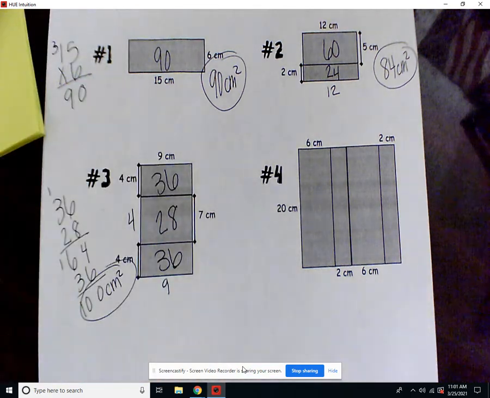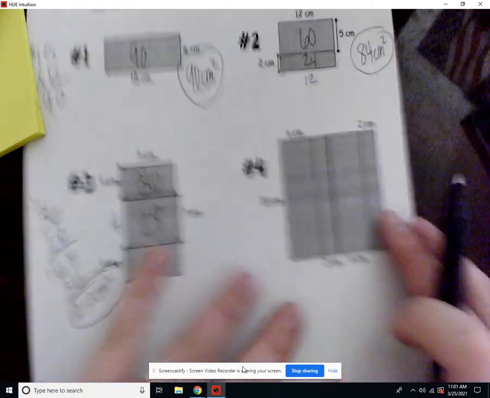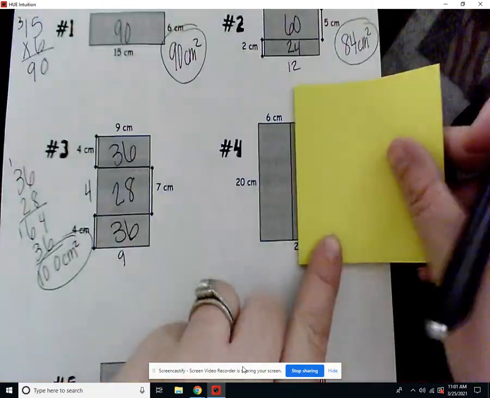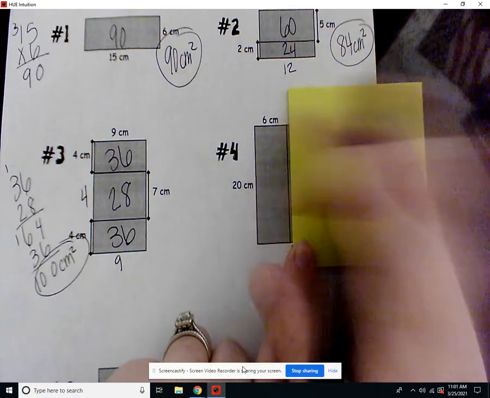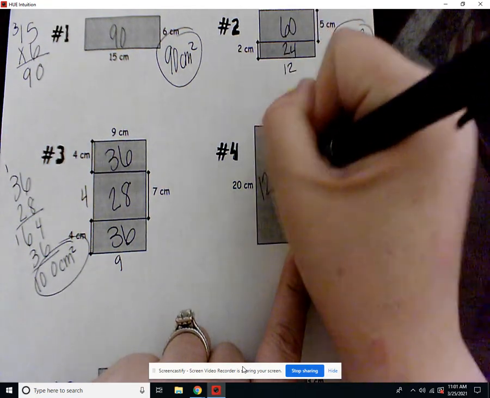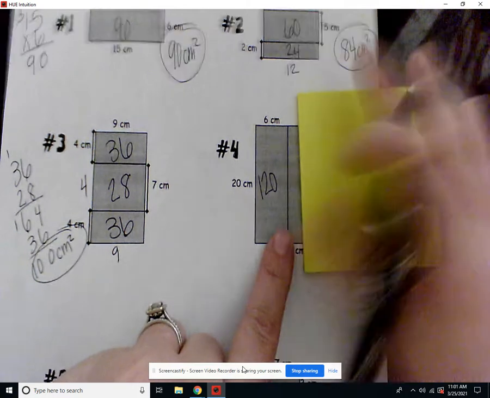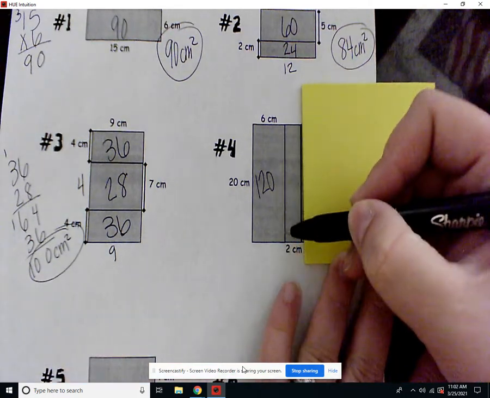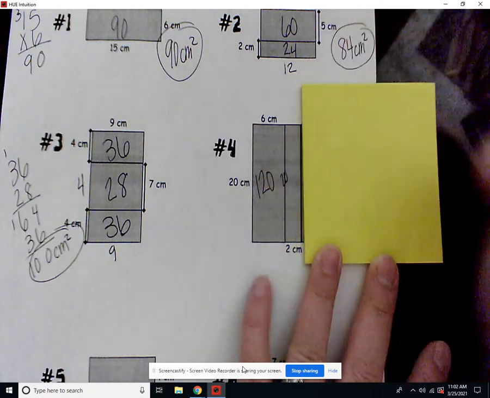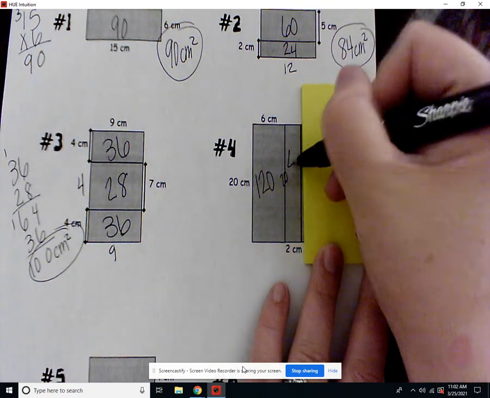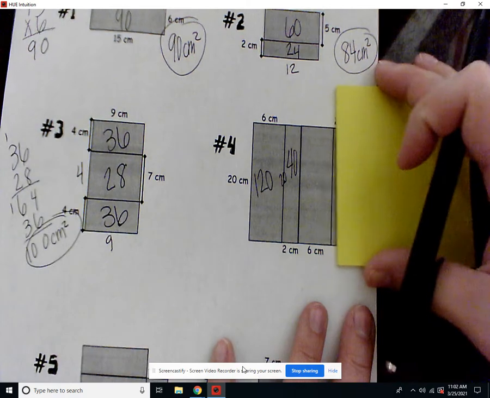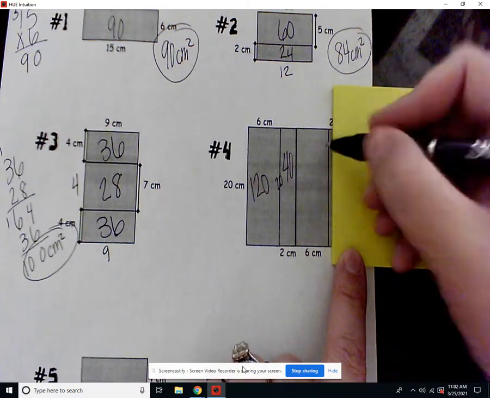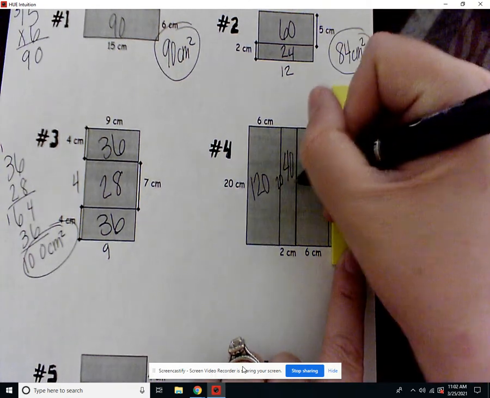All right, so now we're going to do the next one, which has 4 rectangles. So again, find the area of each rectangle. This one says 20 and 6. So 20 times 6 is 120. Then we go to the next one. It says 2, but again, we've got to know what the long side is, and that's going to be 20. So we'll do 20 times 2, which is 40. Then the next box, we have 6 right here, and again, this long side is still going to be 20.